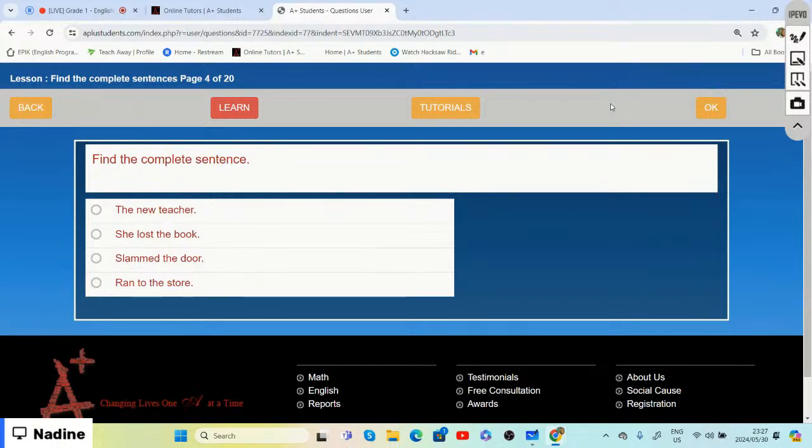All right, we need to find the completed sentence, and it fits is correct, right? So we need to find the completed sentence.